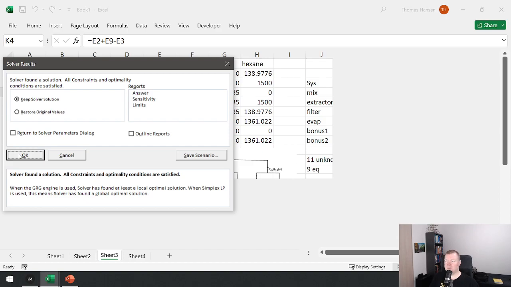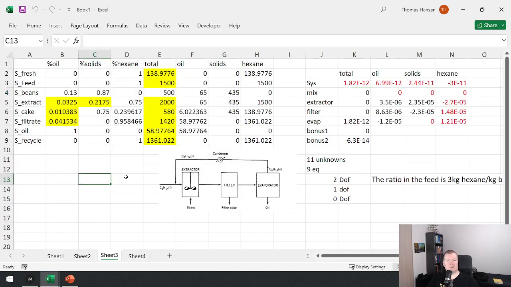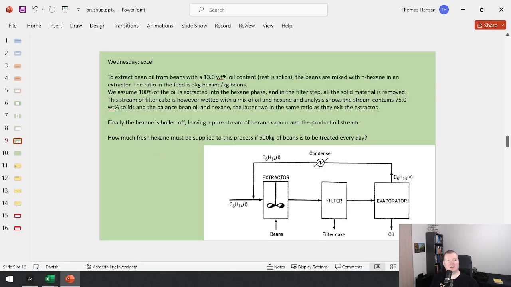Solver found a solution. Are we happy with the solution? Let's see. All of my equations give me close to 0. The masses are all positive. The percentages all look fine. So at this point I can say I've now solved the system of equations. I was asked, what was the question? How much fresh hexane must be supplied?